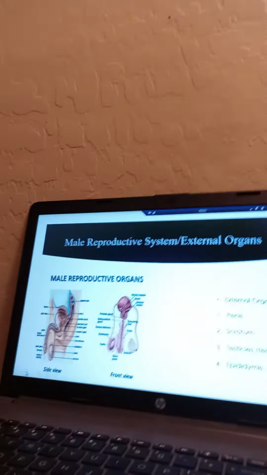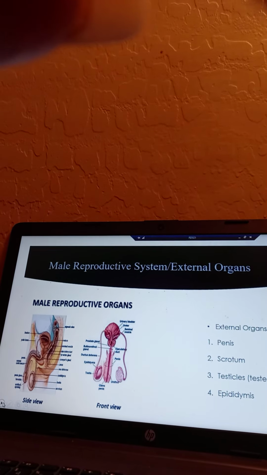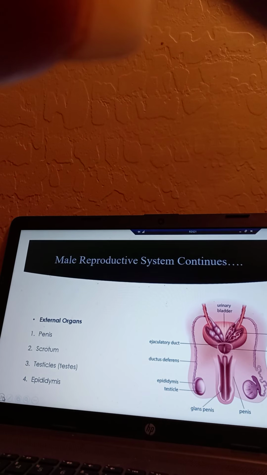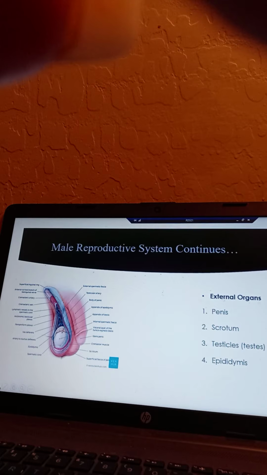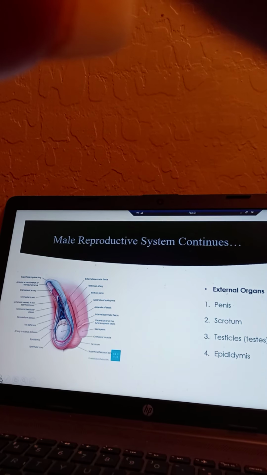The scrotum protects your testes as well as providing a sort of climate control system. Okay, and that is slide 14.